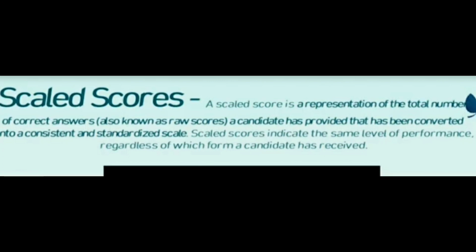A scaled score is a representation of the total number of correct answers, also known as the raw score, a candidate has provided that has been converted onto a consistent and standardized scale. Scaled scores indicate the same level of performance regardless of which form a candidate has received.